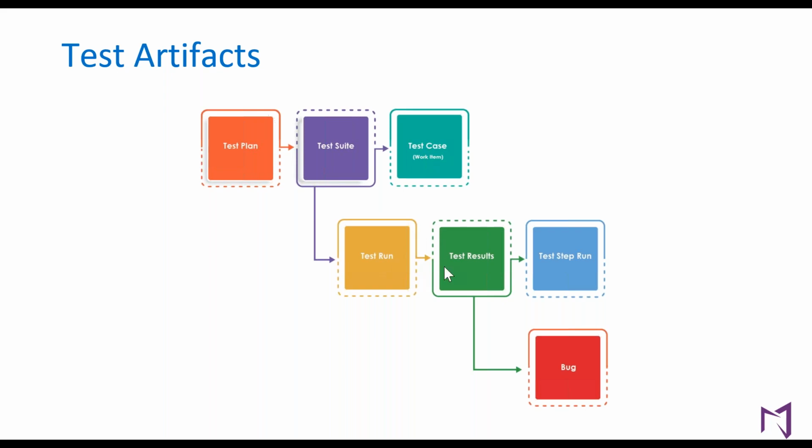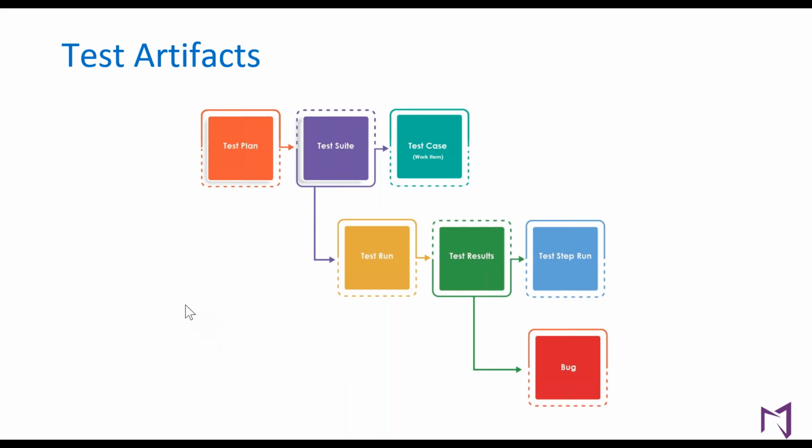All the test cases end up having the test results at the macro level, or test steps at the step level, and then you can link bugs to your test case that was being executed, and so you have bugs.